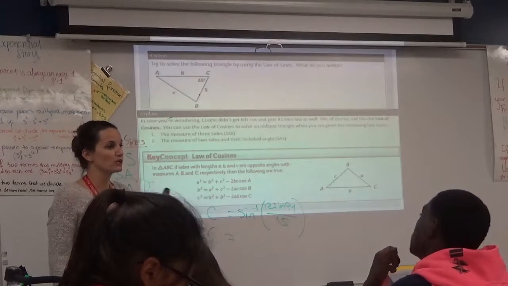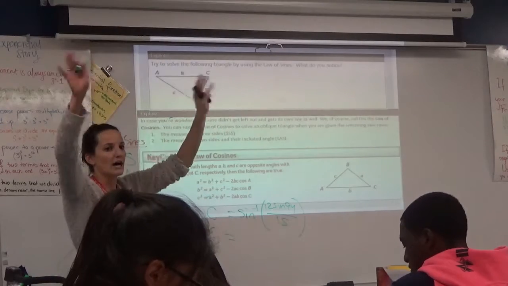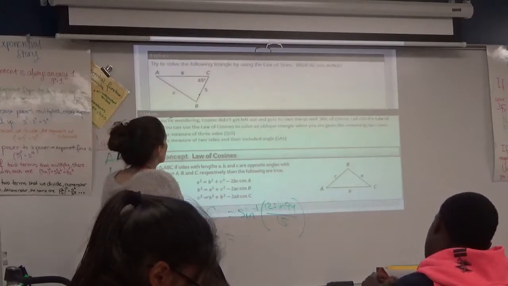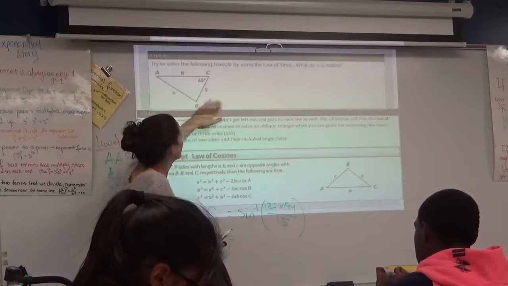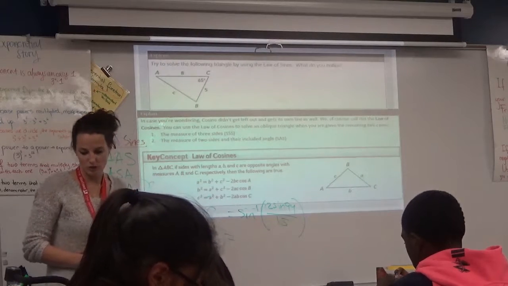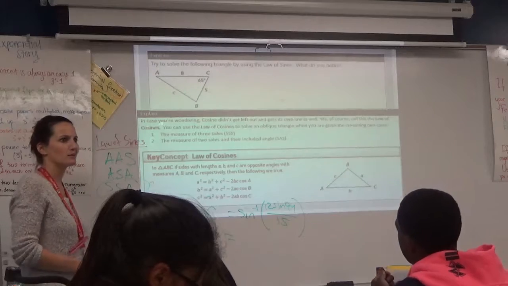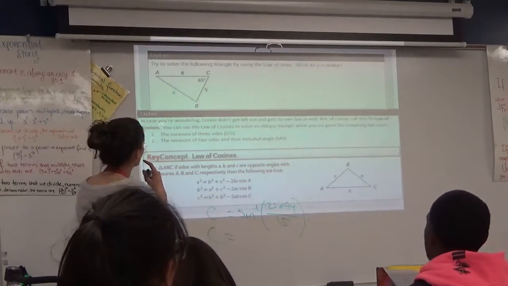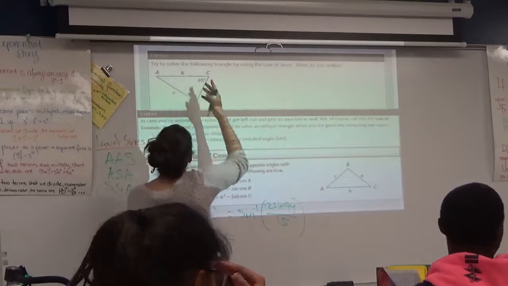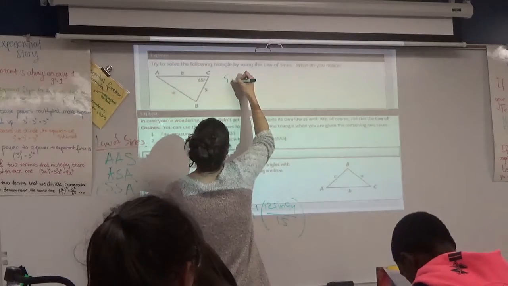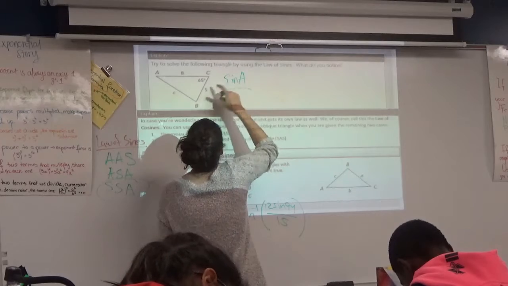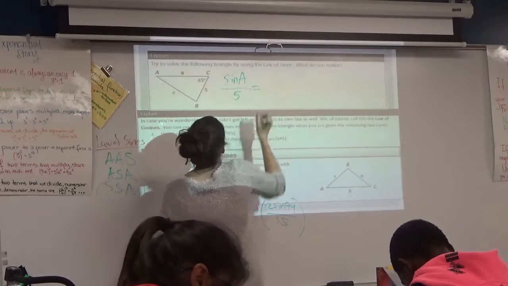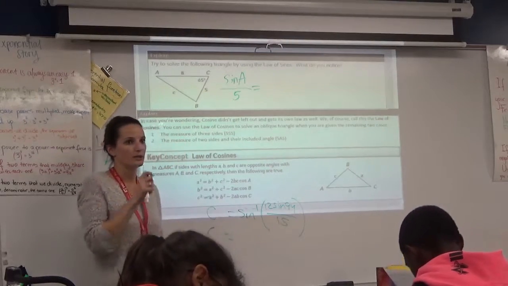So let's pretend we're like, oh, it's a non-right triangle. I know I can use law of sines. We go to try it out. And does anyone see an issue when you try to set up law of sines? Jason? You have to find the angle. Yeah, okay, so we have to find an angle. So I'm like, okay, maybe I'm going to try sine of A. So I'm going to find A, the angle, and I know I've got 5 right here across from it.